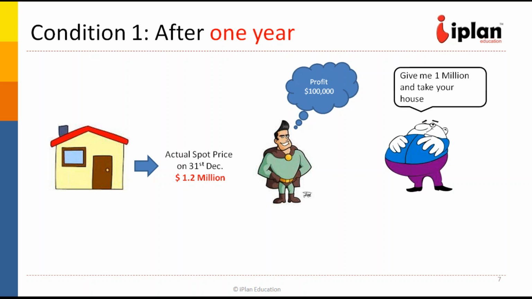So you pay the remaining 1 million, because you had a deal at 1.1, and take the house. The current market price is 1.2 million, so you are making a profit of $100,000. That's pretty impressive if the rate goes up. The deal was at 1.1 and the market price went to 1.2, so you're making a profit.